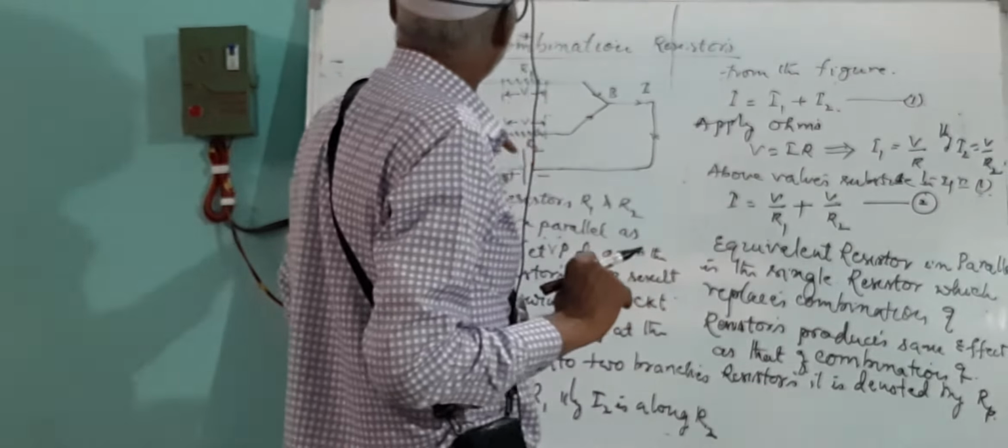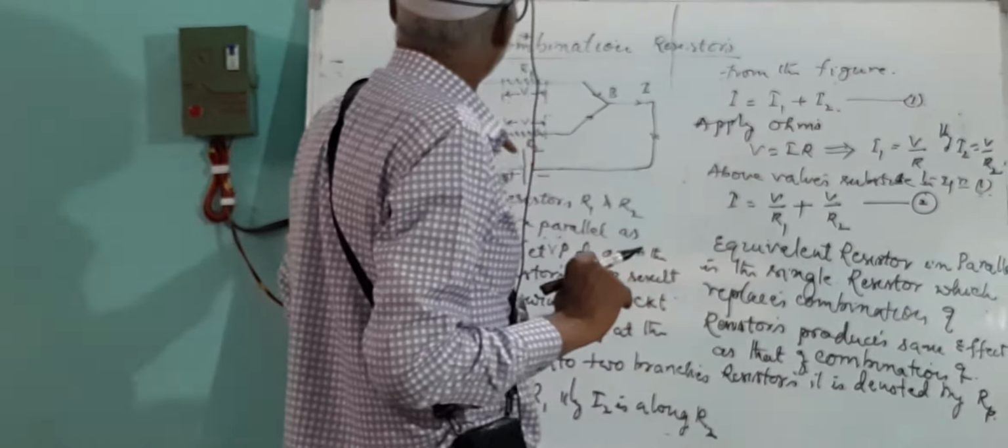Here, instead of two resistors I am considering only a single resistor. That single resistor is designated as Rp, and in order to maintain the current in the circuit, I have to connect a battery. This is the positive terminal of the battery, whereas this is the negative terminal.